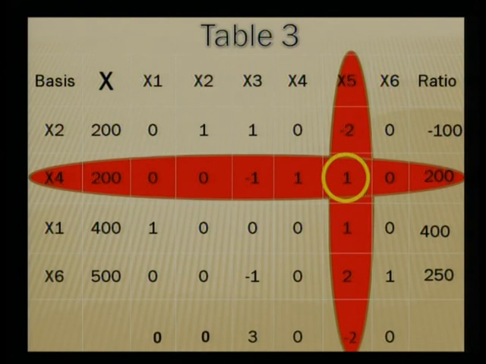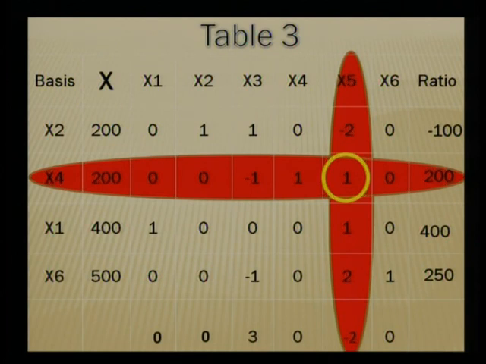The first row is this, second row is 200, 0, 0, -1, 1, 1, 0.